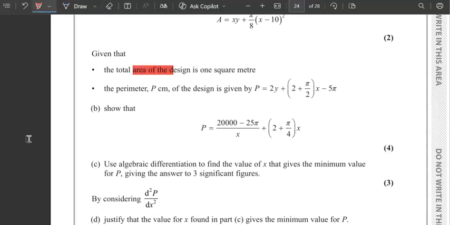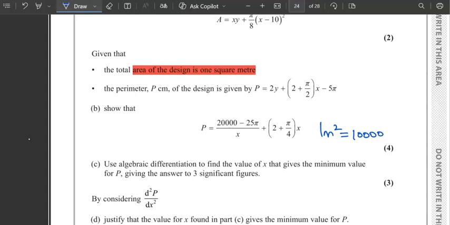Recall that 1 square meter as square centimeters, because the dimensions of the logo design are given in centimeters, is just the same as 10,000 square centimeters.